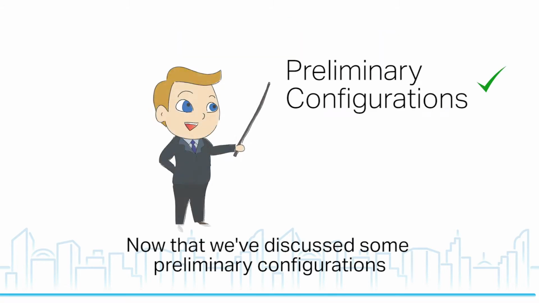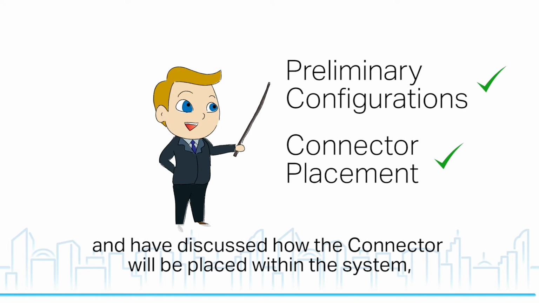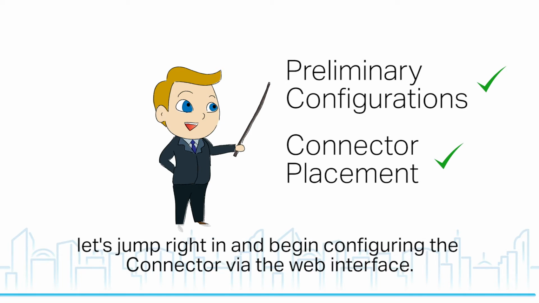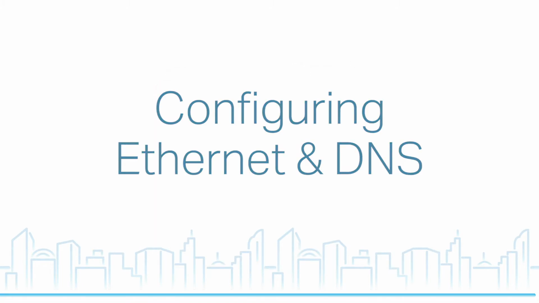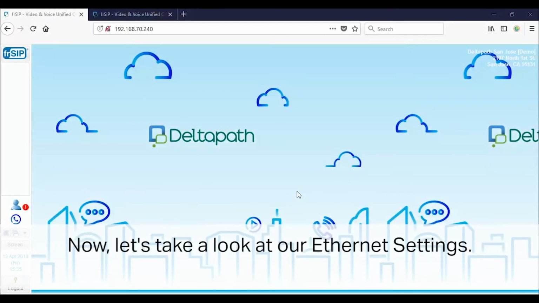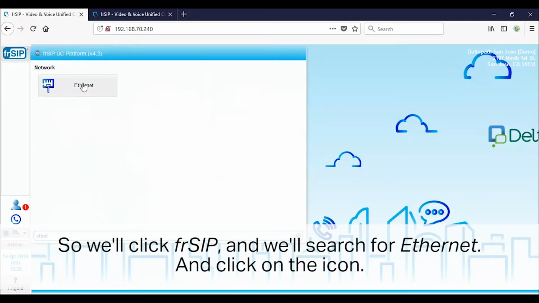Now that we've discussed some preliminary configurations and have discussed how the connector will be placed within the system, let's jump right in and begin configuring the connector via the web interface. Now let's take a look at our Ethernet settings. So we'll click FRCIP and we'll search for Ethernet and click on the icon.